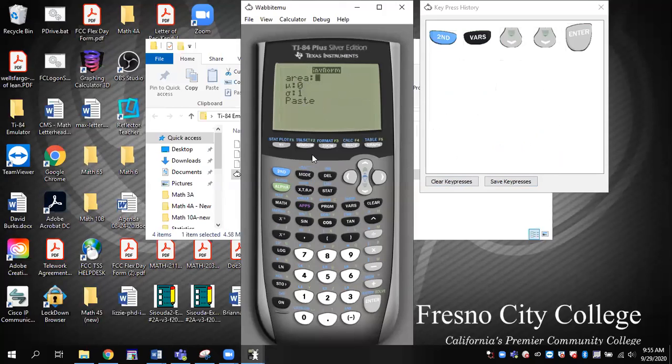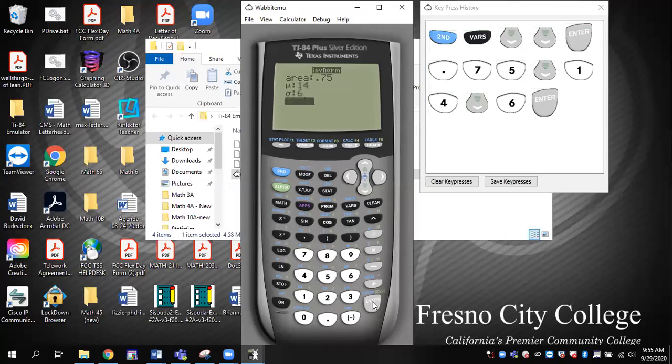The area means area to the left. So that's going to be 0.75. And mine was 14, and the standard deviation was 6. Then just hit enter a bunch. Area, mu, and sigma. There we go. There's that answer that I told you I got with my handheld calculator.